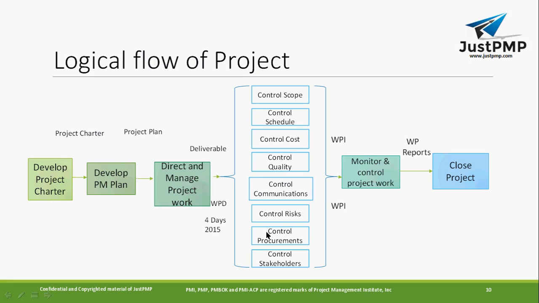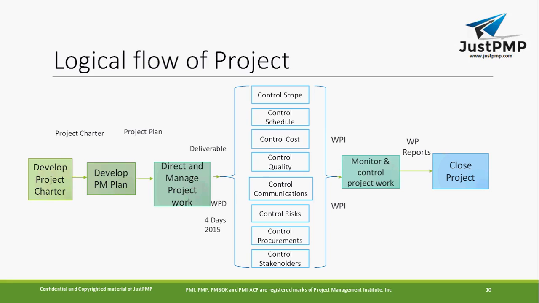Then it goes to the different control mechanisms, which will verify whether what has been done matches what has been agreed, like in control scope. On the scope part, what has been accepted, what needs to be done, and how much you have done. So check and see whether you are taking care of all the activities mentioned in the scope.